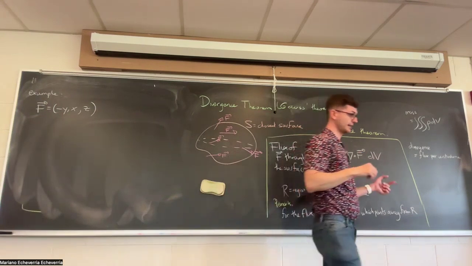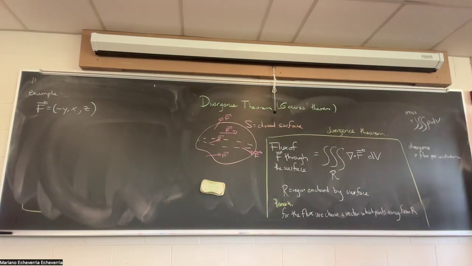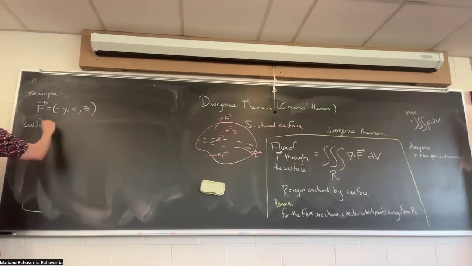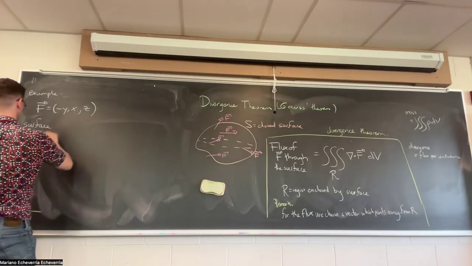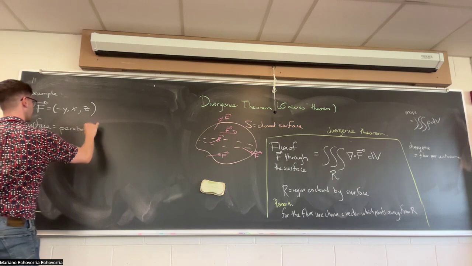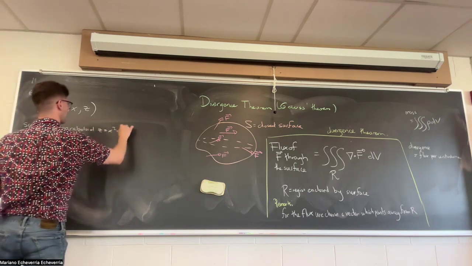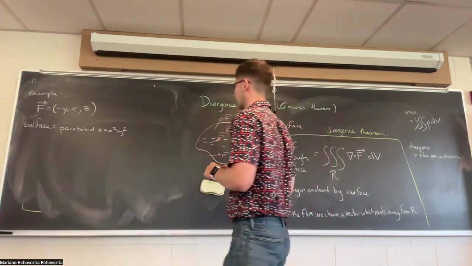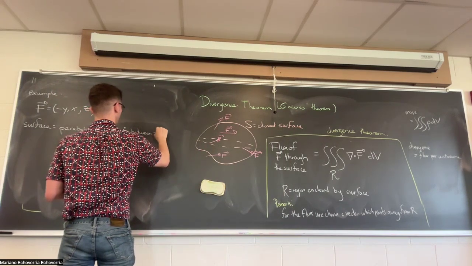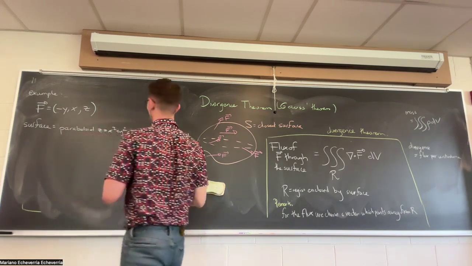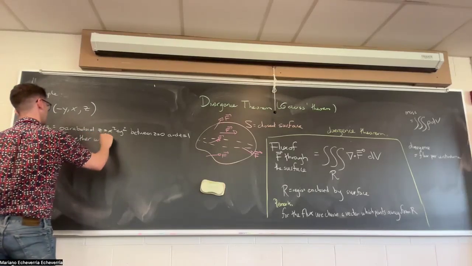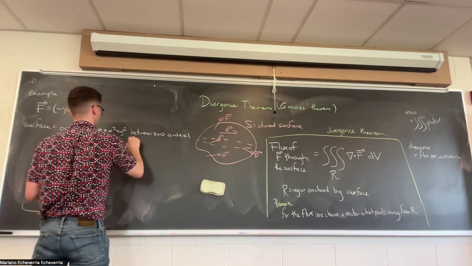Okay, let's say our vector field is this one. Not too complicated, and the surface is going to be the paraboloid between z equals 0 and z equals 1, together with the unit disk at height 1.